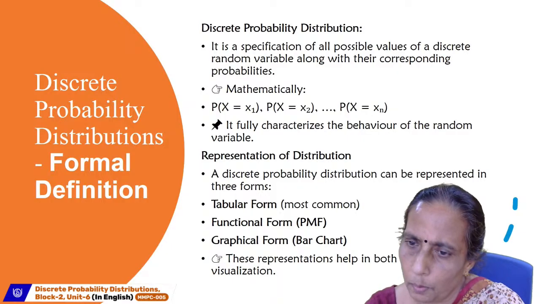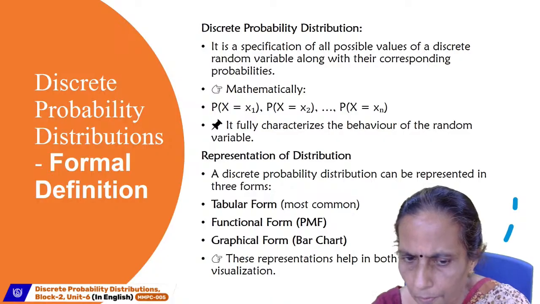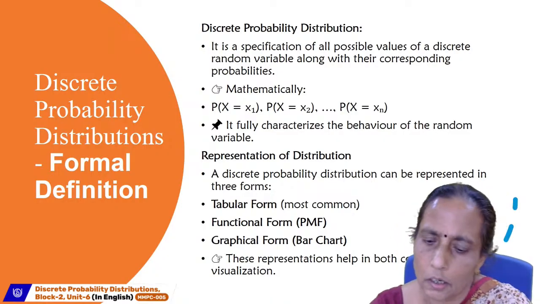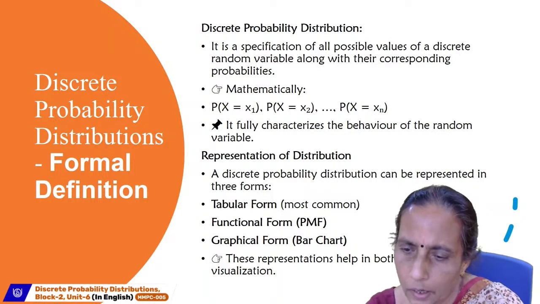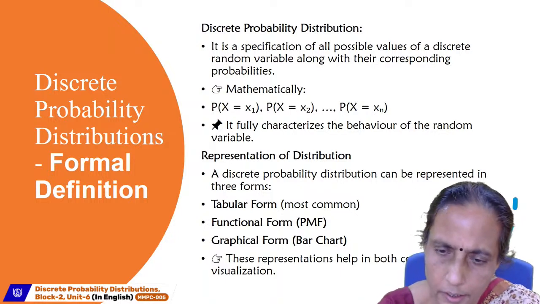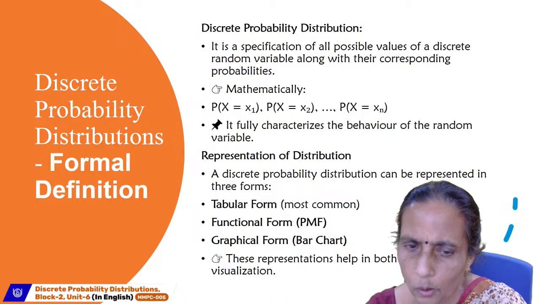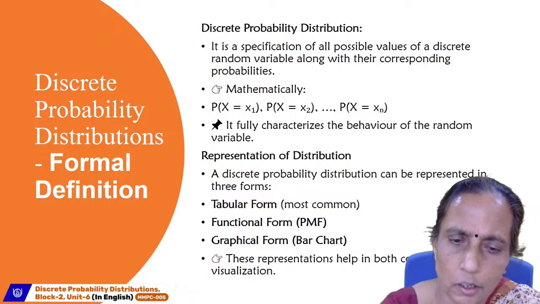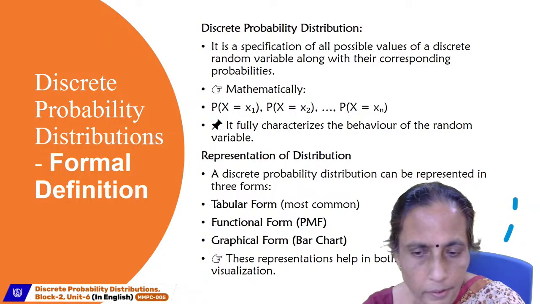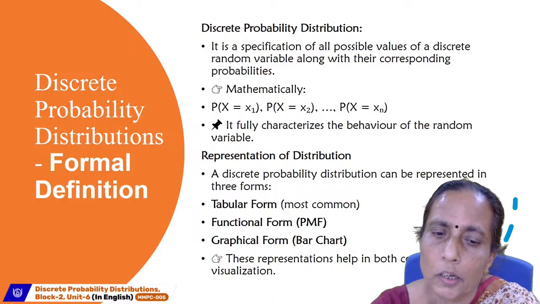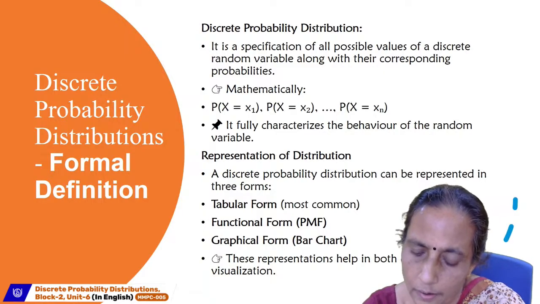A discrete probability distribution can be represented in three forms: tabular, functional, and graphical. We will consider the tabular and functional form, that is the probability mass function, because many statistical analyses involve them. These representations help in both computation and visualization.